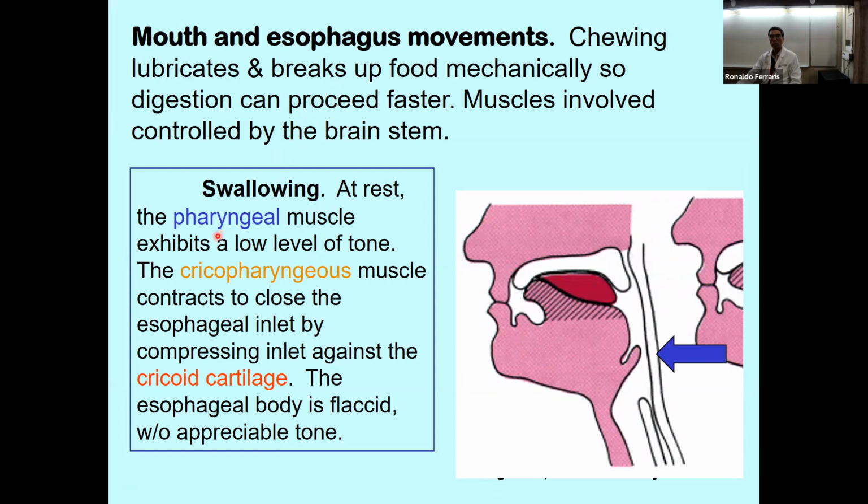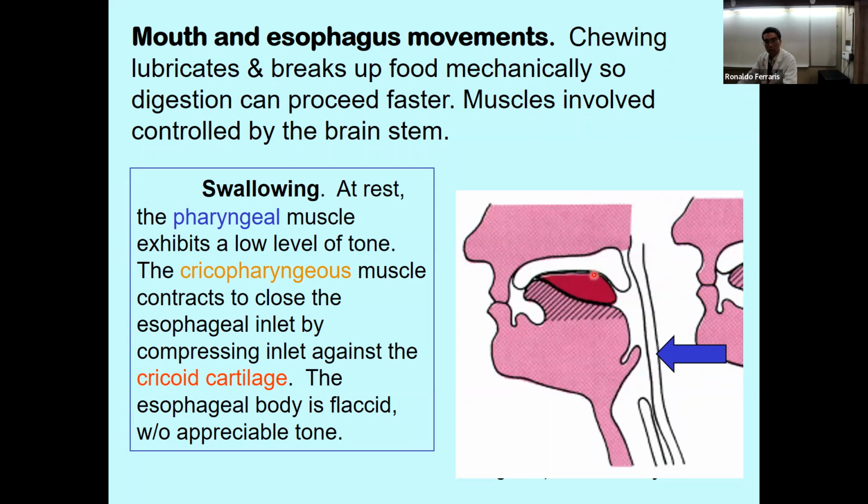What happens when you swallow? Okay, so this is your meal for lunch, and let's just say that this is lamb biryani, for those of you who are fans of Indian cuisine.